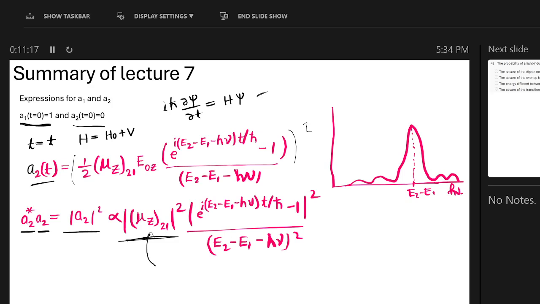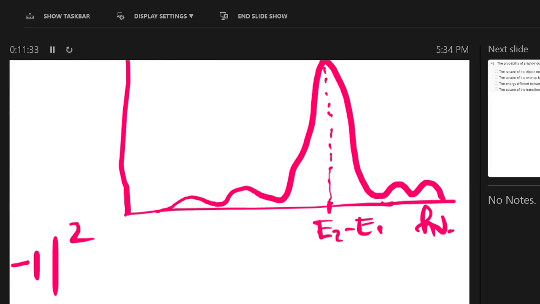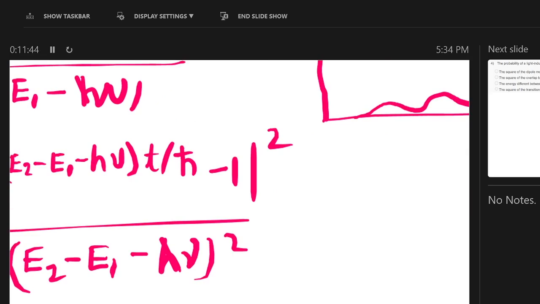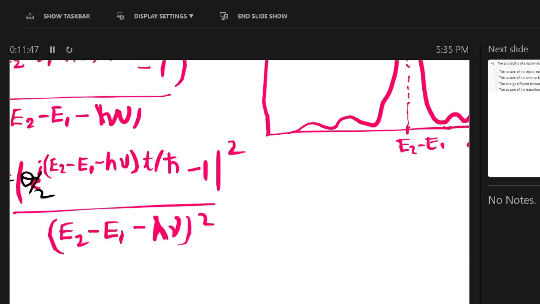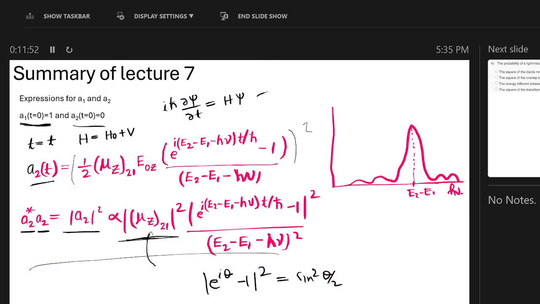This term is simply like sin square theta by 2. If you plot this equation, you will get this kind of curve.